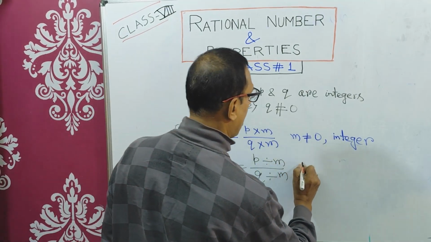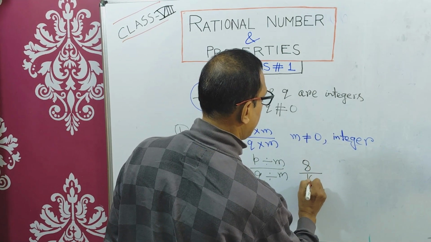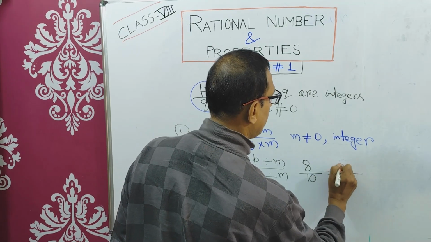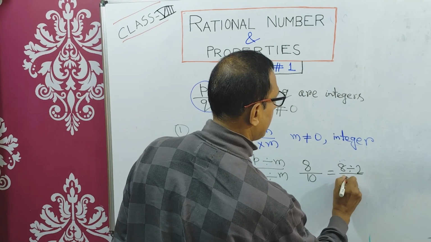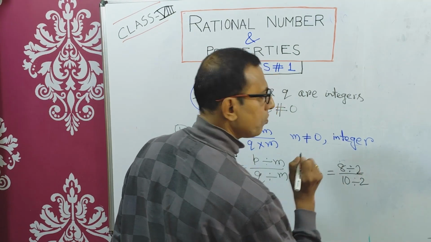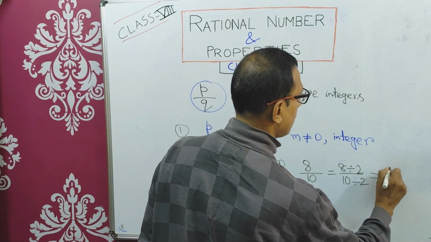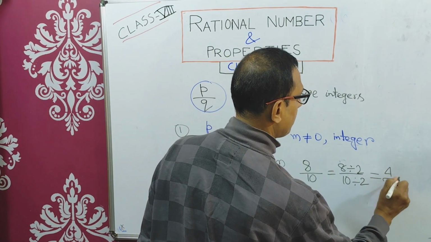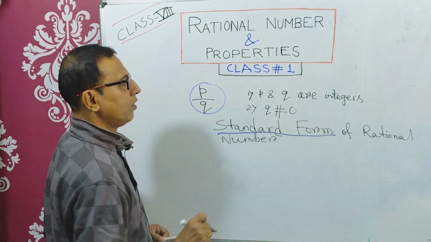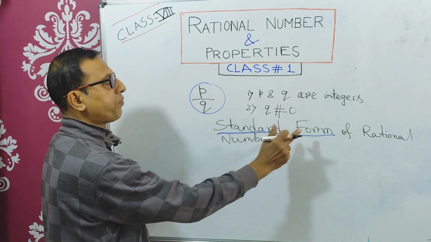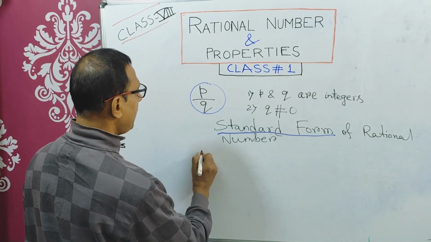So take 8 by 10. You can write 8 divided by 2, 10 divided by 2, so it is 4 by 5. So what is the standard form of a rational number?